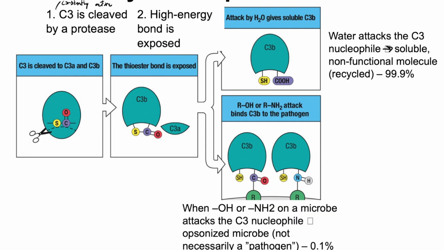And the thing about C3 is that human membranes also have these OH and NH2 groups, but there are proteins that don't allow C3b to attach to our membranes. So C3b is only found, generally speaking, on the membranes of some sort of pathogen.